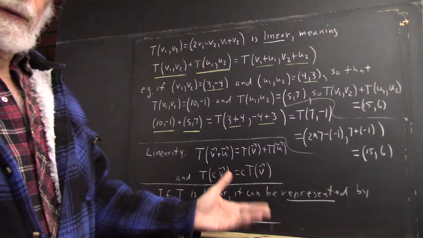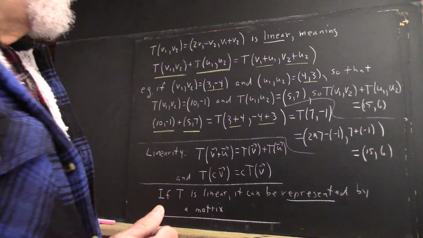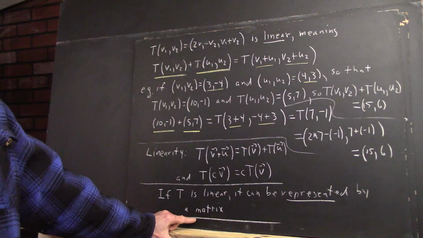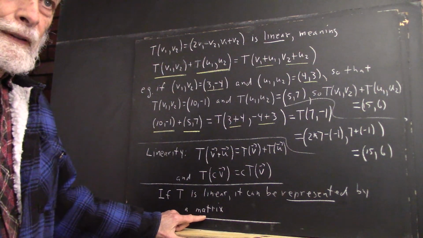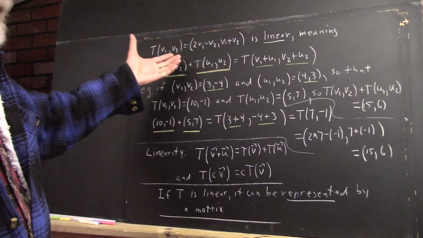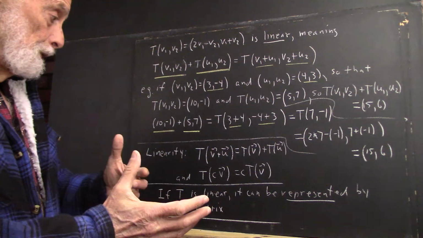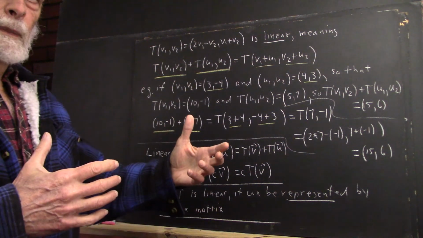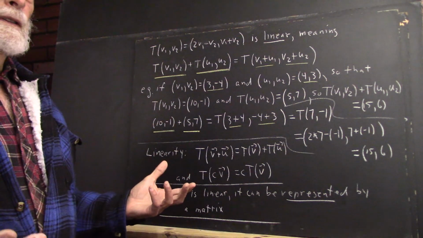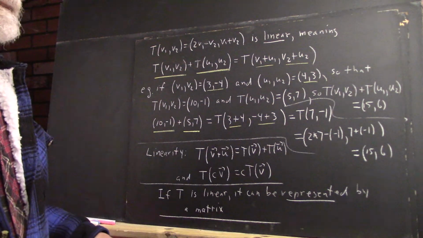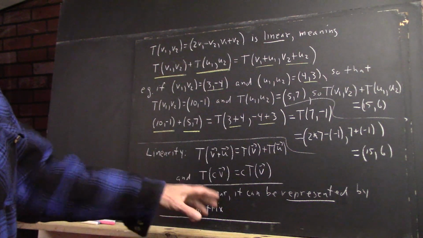Now there's much more to this, but that's sort of the essence of the connection between linear transformations and matrices. And of course, if it can be represented by a matrix, then you can define a linear transformation just by a matrix. Okay. Representation and the linear transformation itself are, in a sense, identical or isomorphic, or they can be identified with one another. Doesn't matter which way you represent the thing.